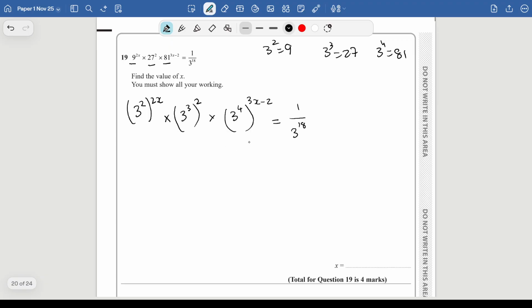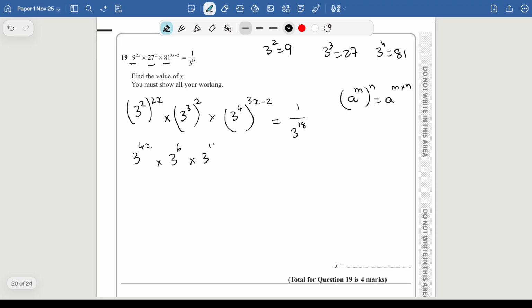Now, which rules of the indices can we apply? Coming from the left side, we know that a raised to m, whole raised to n, is equivalent to a raised to m times n. So we can multiply these powers. This will be 3 raised to 2 times 2x, which is 4x, times 3 raised to 3 times 2, which is 6, times 3 raised to, now 4 has to be multiplied with everything here.